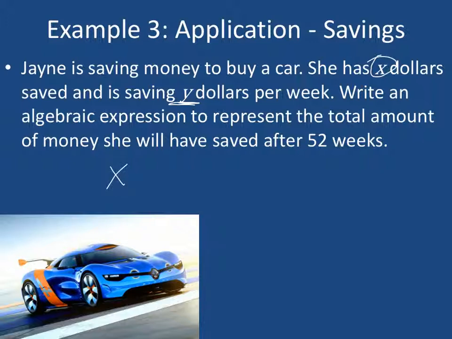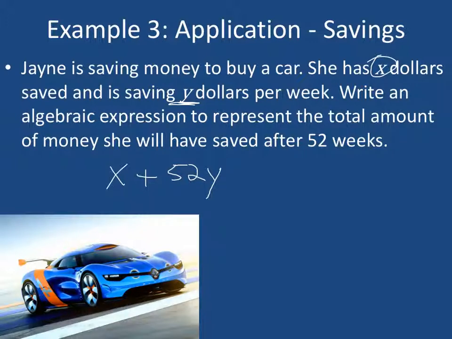So let's write that down. And then she's going to save an additional, and so that's obviously going to be a plus, an addition sign. And she's going to save a certain amount per week for 52 weeks. So if we take 52 weeks times how much she's going to save per week, which is y, the letter y represents that amount.